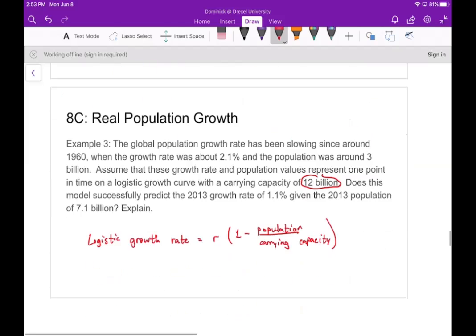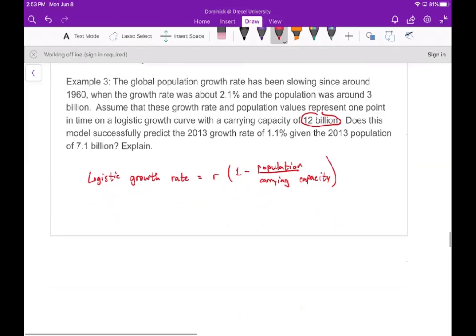Right? So that's the idea. What we're given so far is a growth rate of 2.1% when the population was around 3 billion, and that was for the year 1960, of course. So in 1960, we have 2.1% when the population was 3 billion.